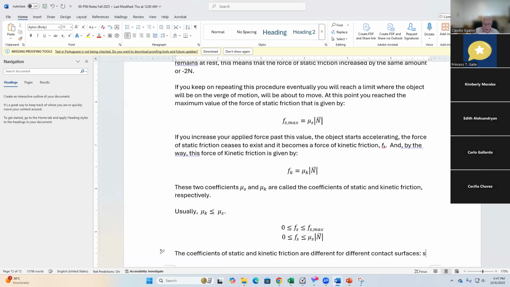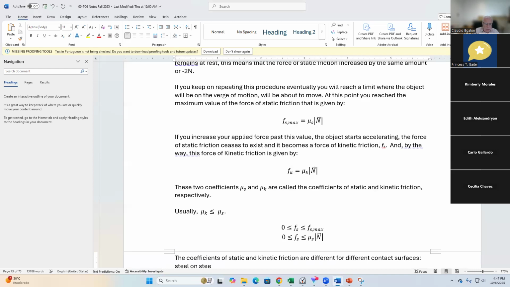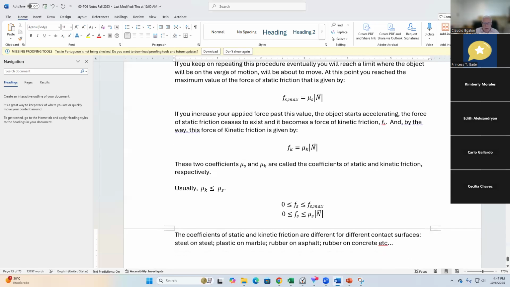Let's say steel on steel, plastic on marble, rubber on asphalt, rubber on concrete, etc. That's what I mean by different contact surfaces.